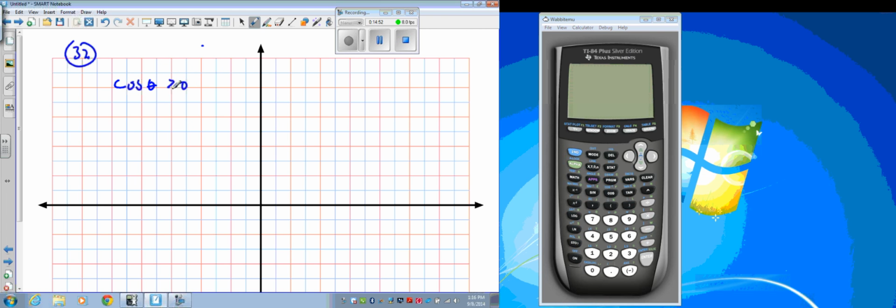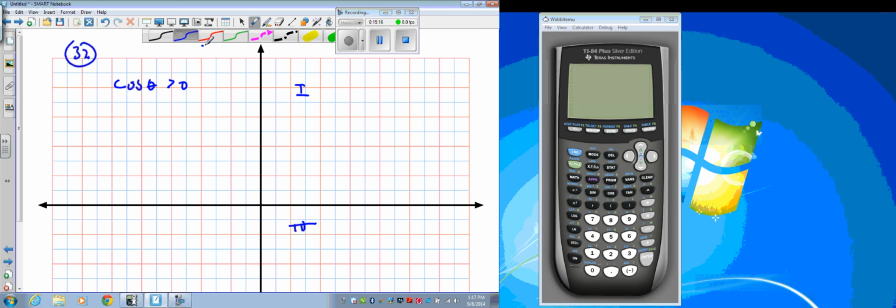That says positive. Now which quadrants is the cosine positive? 1 and what? Which quadrants are the x values positive? Okay, so it's this quadrant and this quadrant that satisfies that condition, right?